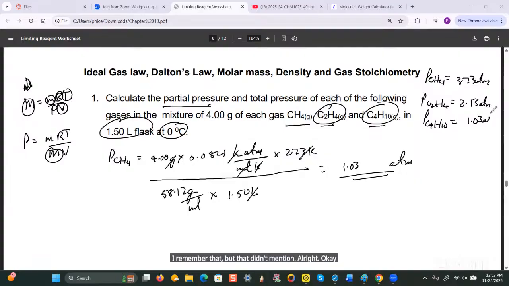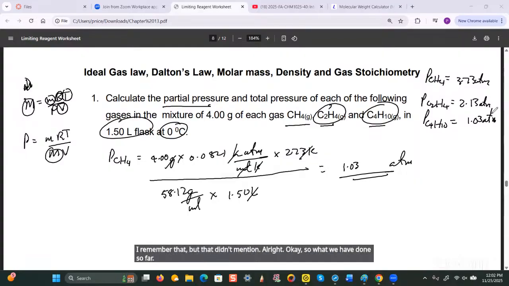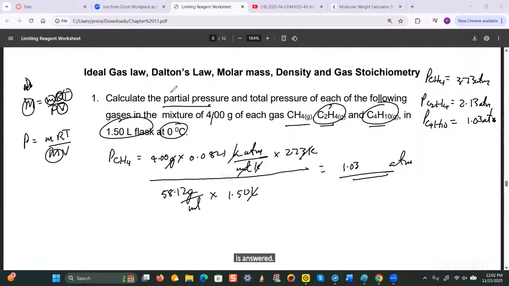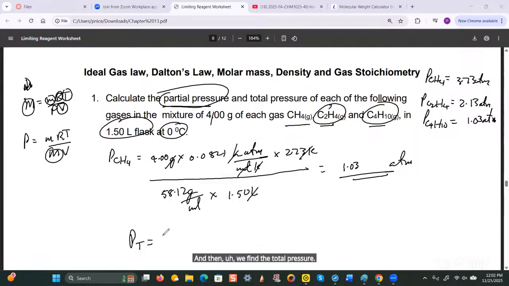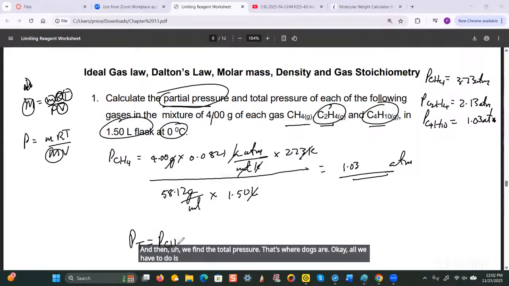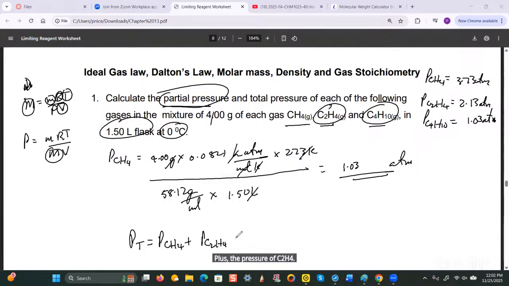Okay. So what we have done so far is answer this here. Calculate the partial pressure of each gas. And now to find the total pressure, that's where Dalton's law comes in. All we have to do is add the pressure of methane plus the pressure of C2H4 plus the pressure of C4H10. So that will be 3.73 atmospheres plus 2.13 atmospheres plus 1.03 atmospheres.